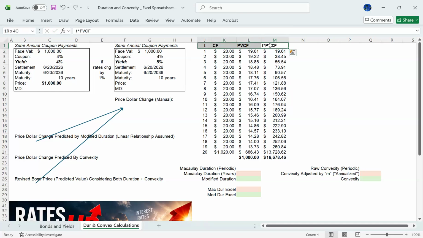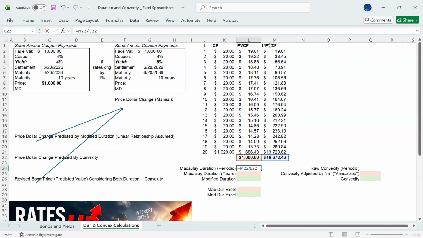Okay, there we go. And now the Macaulay duration, right? In a quote unquote, I'm going to call it a periodic way. It's very simple. After we have given all those weights, we just divide that large weighted number, the sum of the weighted cash flows, by the price of the bond.